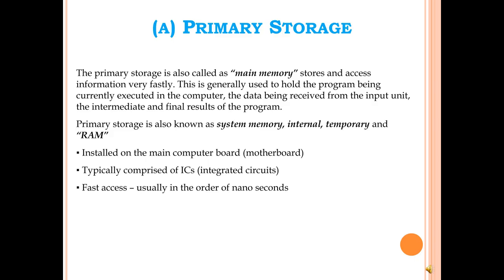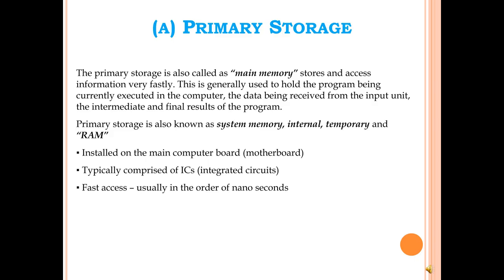Primary storage is also known as system memory, internal memory, temporary memory, and RAM, which is known as random access memory. It is installed on the main computer board, also known as the motherboard, typically comprised of ICs, that is integrated circuits, and has fast access, usually in the order of nanoseconds.